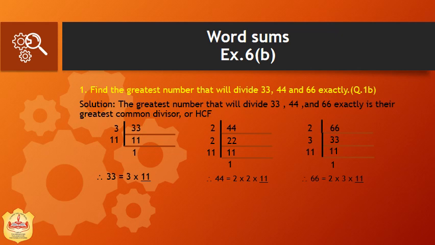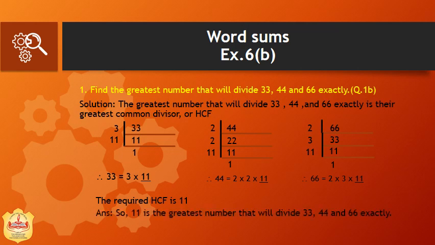Now children, can you tell me which is the common factor of all these three numbers? It is 11. So we can say that the required HCF is 11, or the highest common factor of these three numbers is 11.